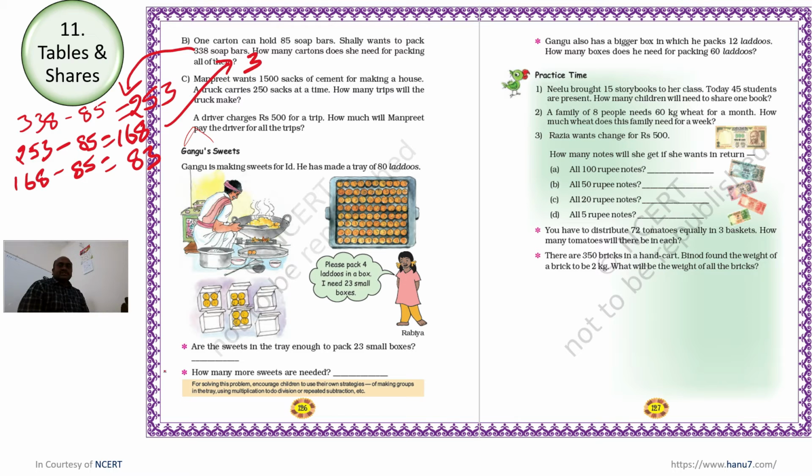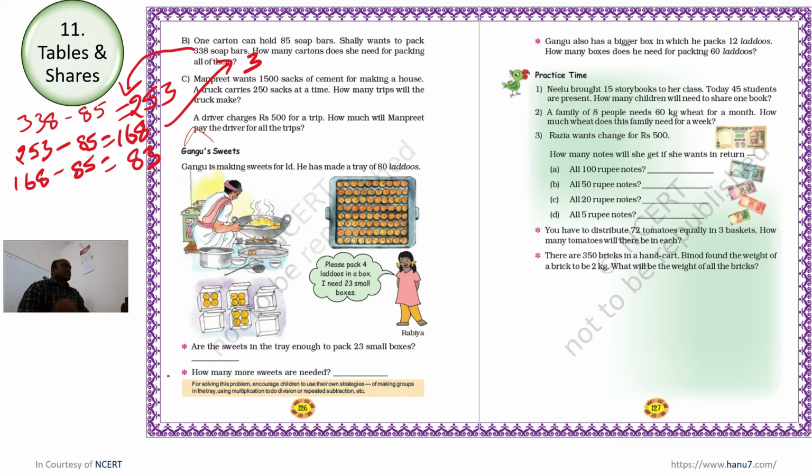Next question is, Manpreet wants 1500 sacks of cement for making a house. A truck carries only 250 sacks at a time.